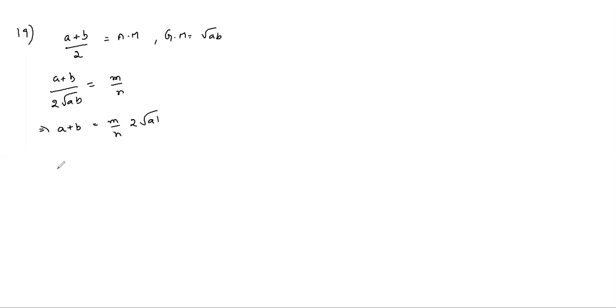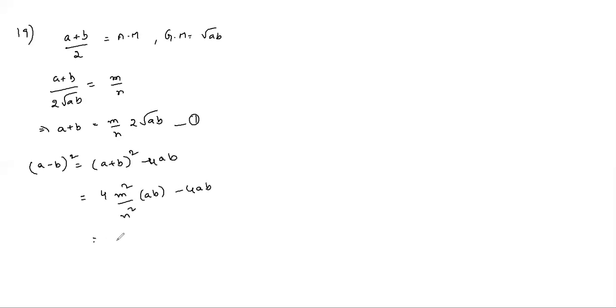That is equation 1. Now, similarly we find A minus B. (A minus B) whole square equals (A plus B) whole square minus 4AB. (A plus B) whole square is 4 M square by N square into AB, minus 4AB.